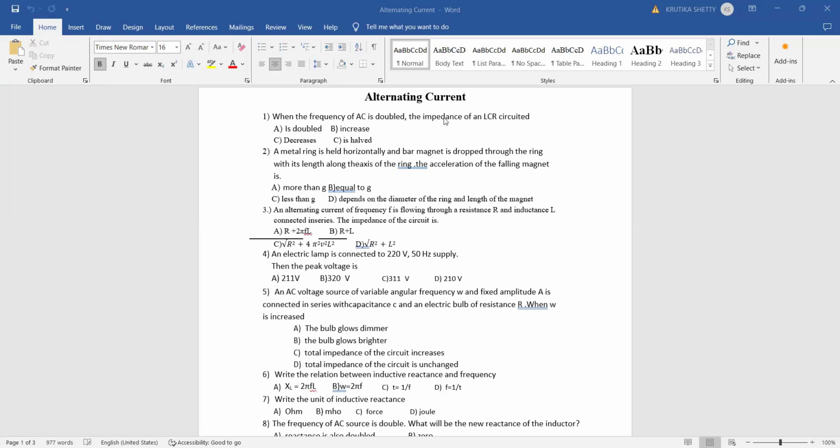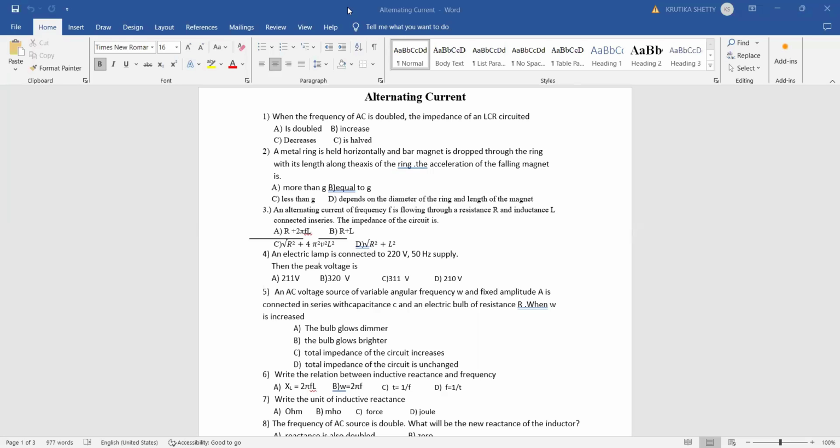So see the first question. When the frequency of AC is doubled, the impedance of the LCR circuit is, what happens to the impedance if the frequency is doubled? Decreases, doubled.